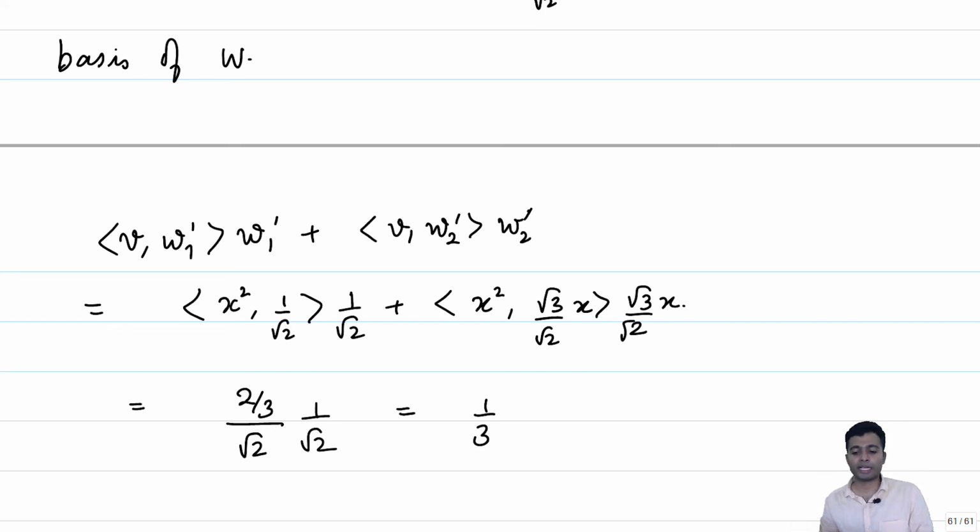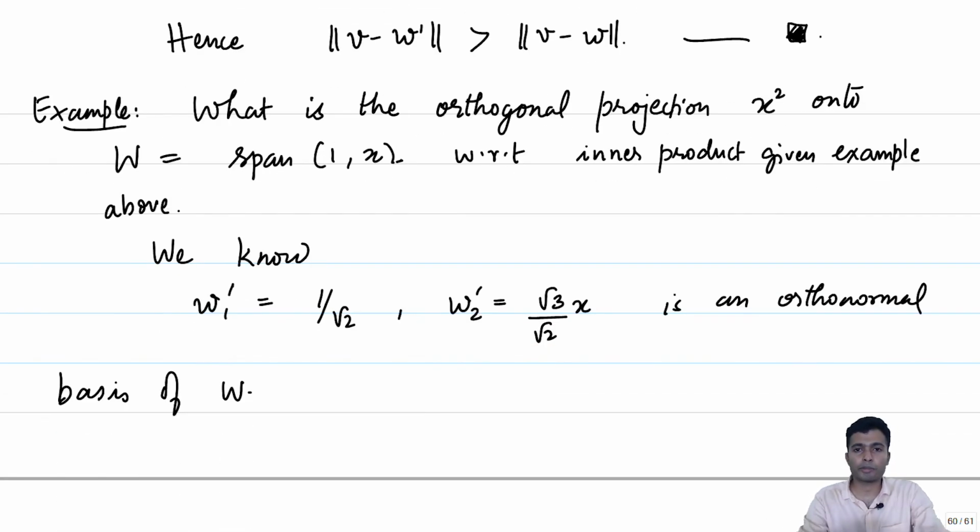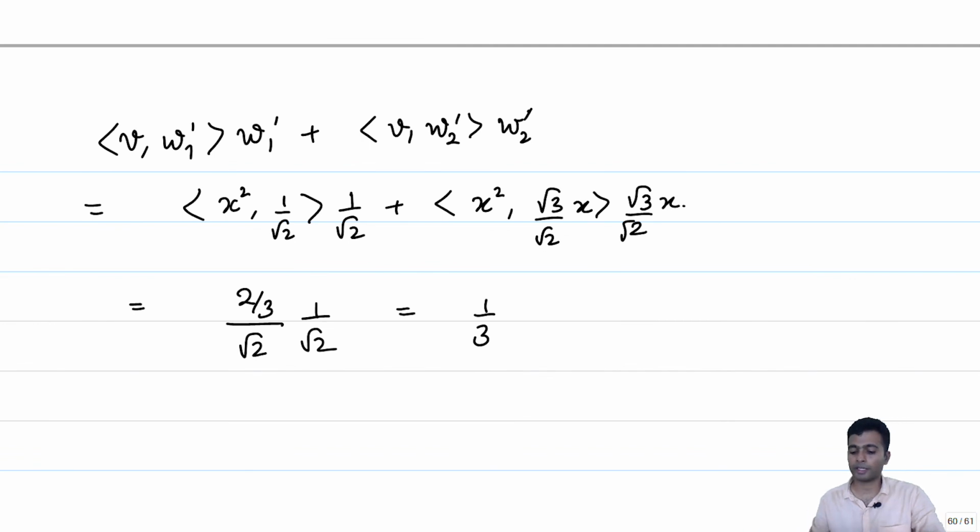So it turns out that the orthogonal projection of x square onto the subspace generated by 1 comma x, the best linear polynomial, the closest linear polynomial, is nothing but the constant polynomial given by 1 by 3.